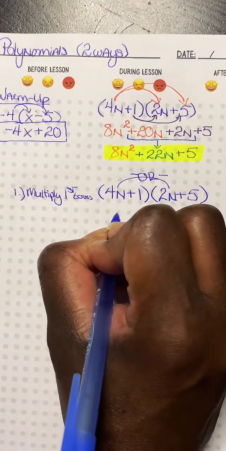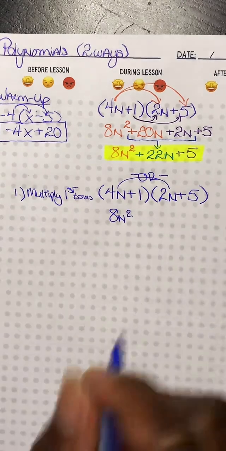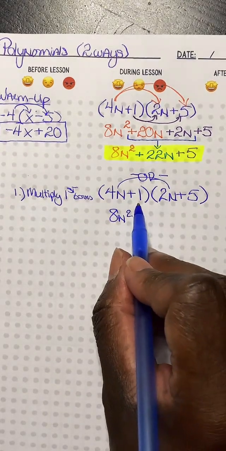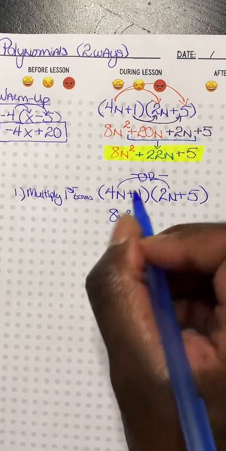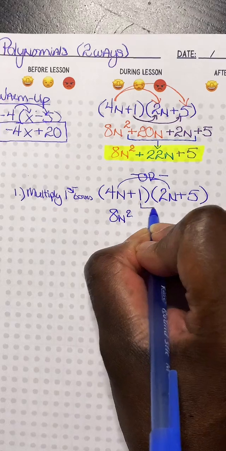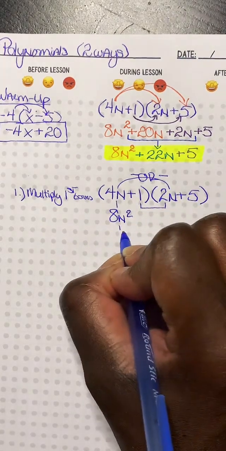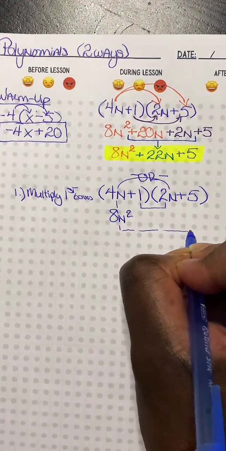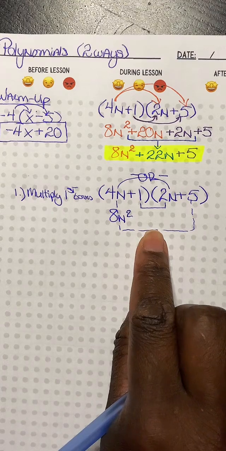So that will give you your 8n squared. Then some people like to do the middle right from here. Some people would like to take the middle term here, and then they'll take the n term here to get our middle term.